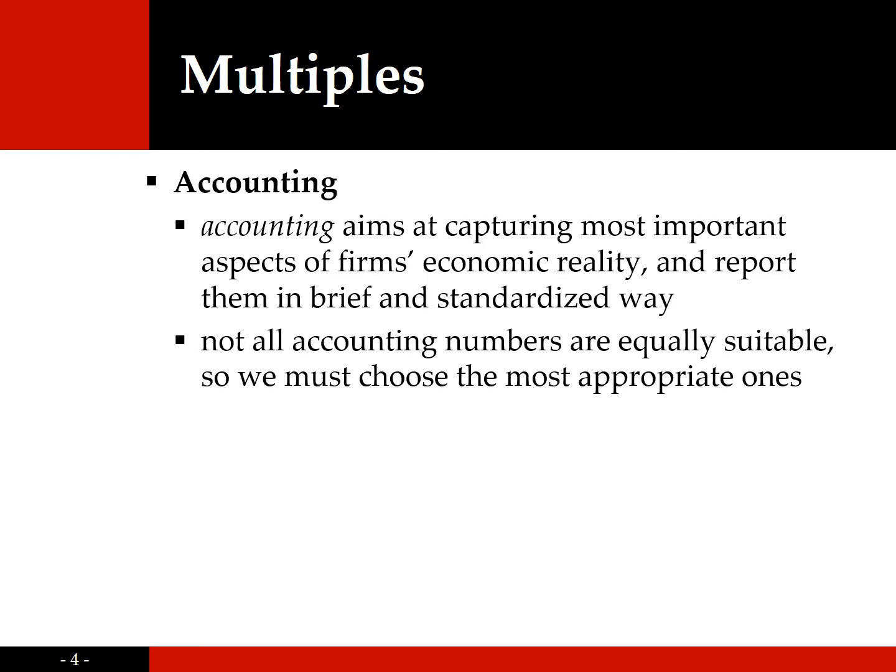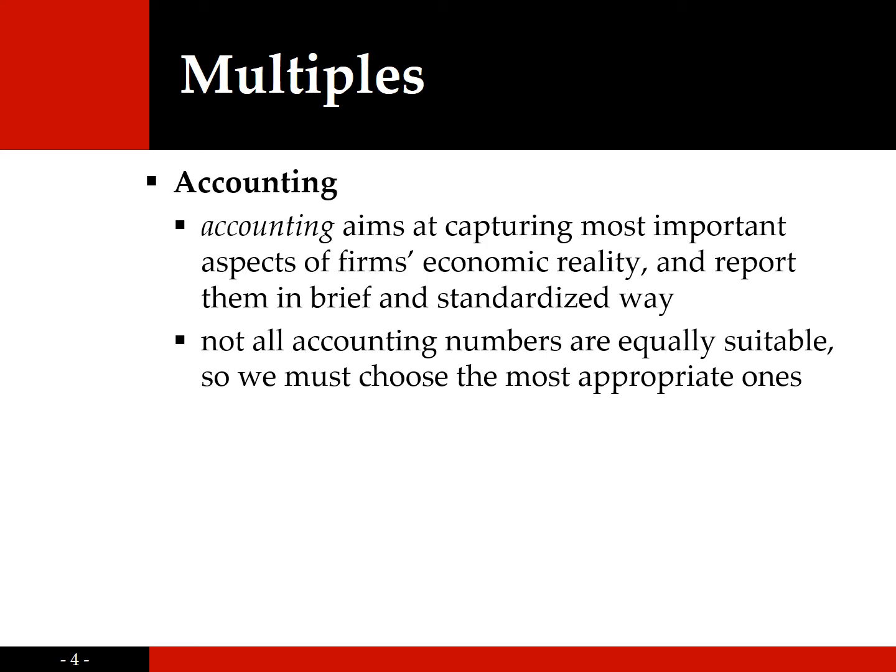Accounting is intended to capture the most important aspects of the firm's economic reality. And therefore, if accounting is of some value, the resulting numbers should provide some measure of the economic size of the company. However, not all accounting numbers are equally suitable as a basis for the measurement of size.